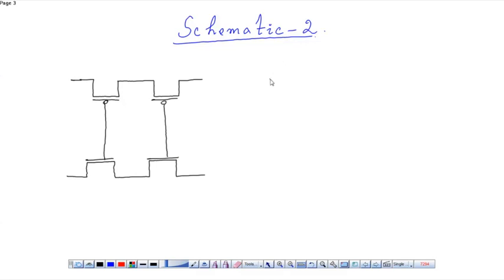Then we have the inverter. So this is the PMOS. These two are also connected. This is P1, P2, N1, N2, P3 and N3. Now here let's name the terminals first.